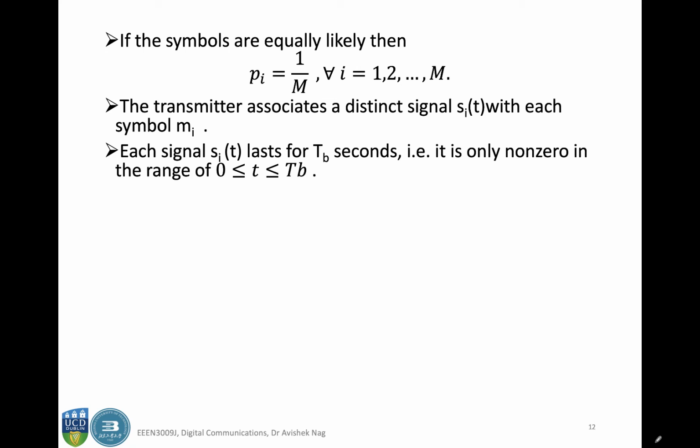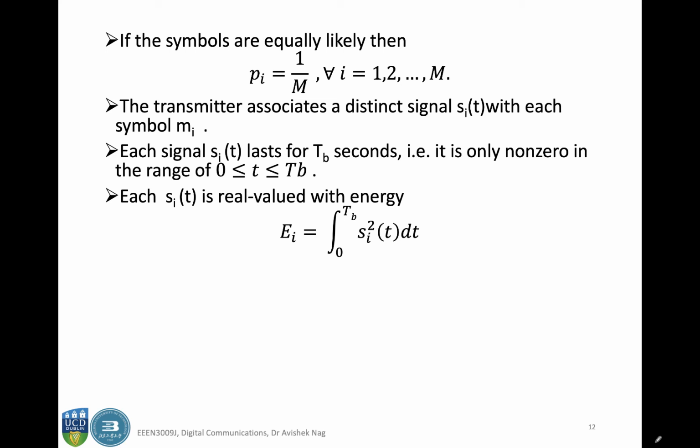Each signal si(t) is real valued with energy defined by this expression: you take si(t) squared and integrate it, and since si(t) exists between 0 and Tb, you integrate between 0 and Tb.